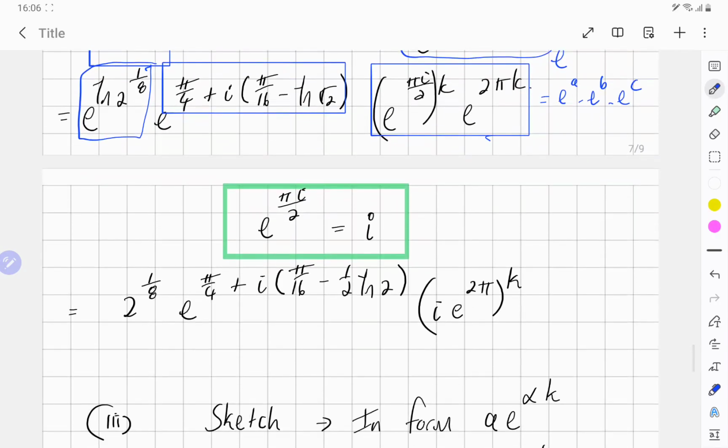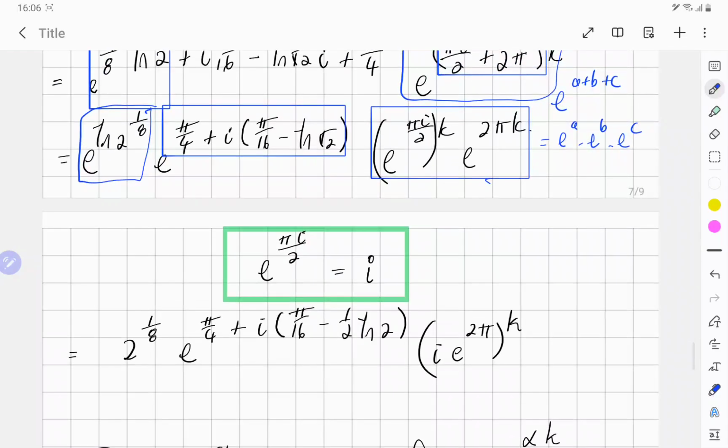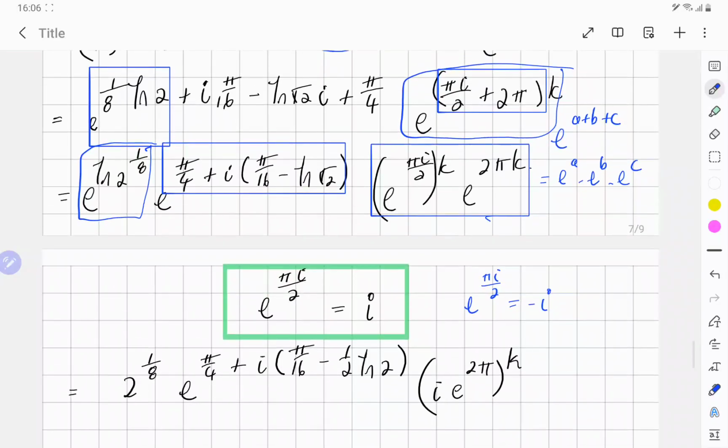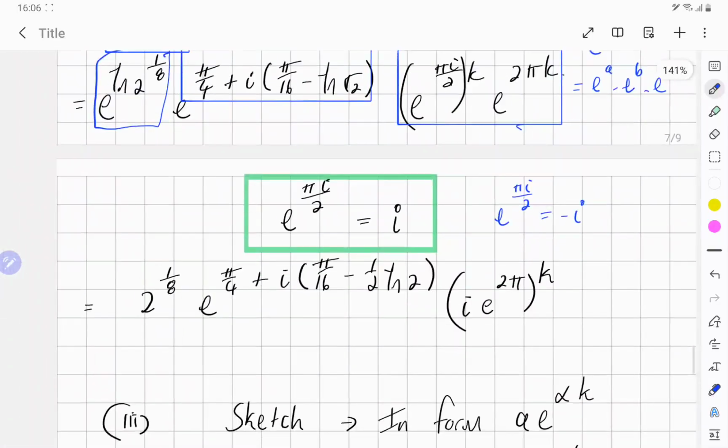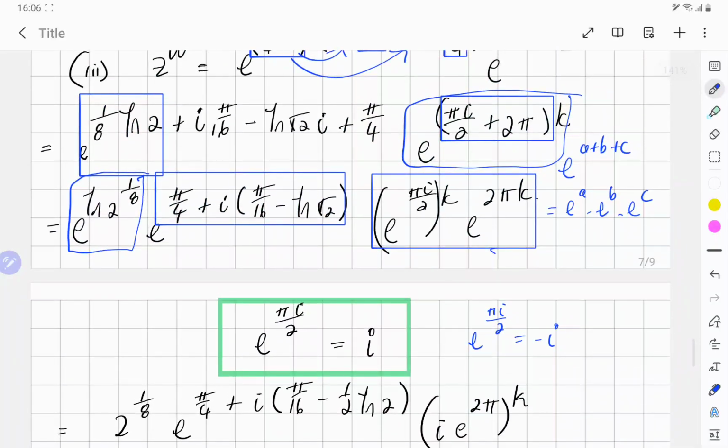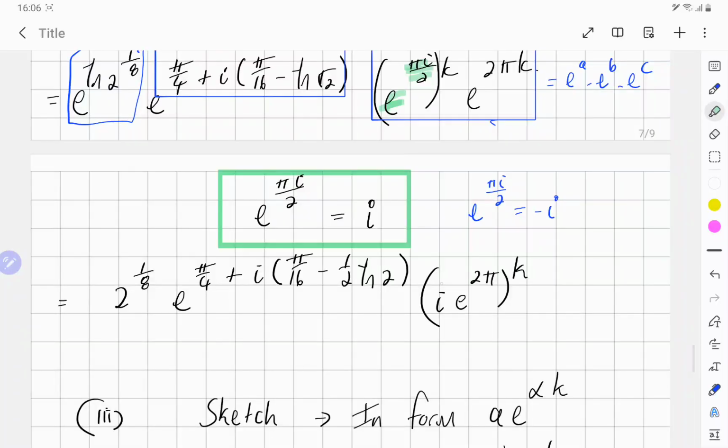Now why did I do that? Because remember I said study these forms. You should also know that this is minus i, so it's right in the beginning of the theory, and you should see that this part is i, hence the i there.